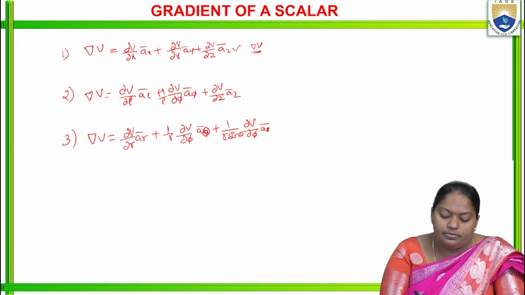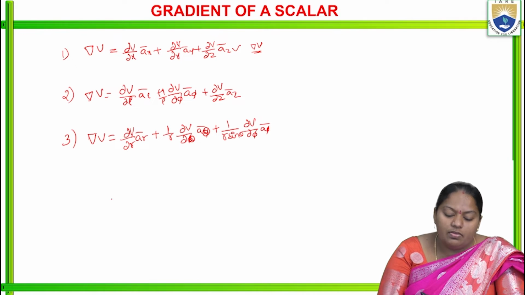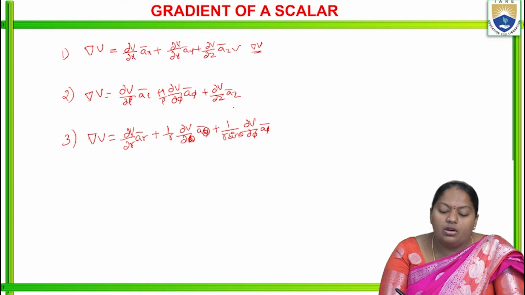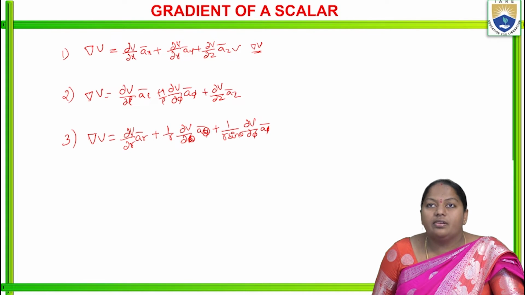The variables are R, theta, phi. Right? This is the way the three types of coordinate system variables are expressed in terms of the gradient of a scalar, which yields a vector.